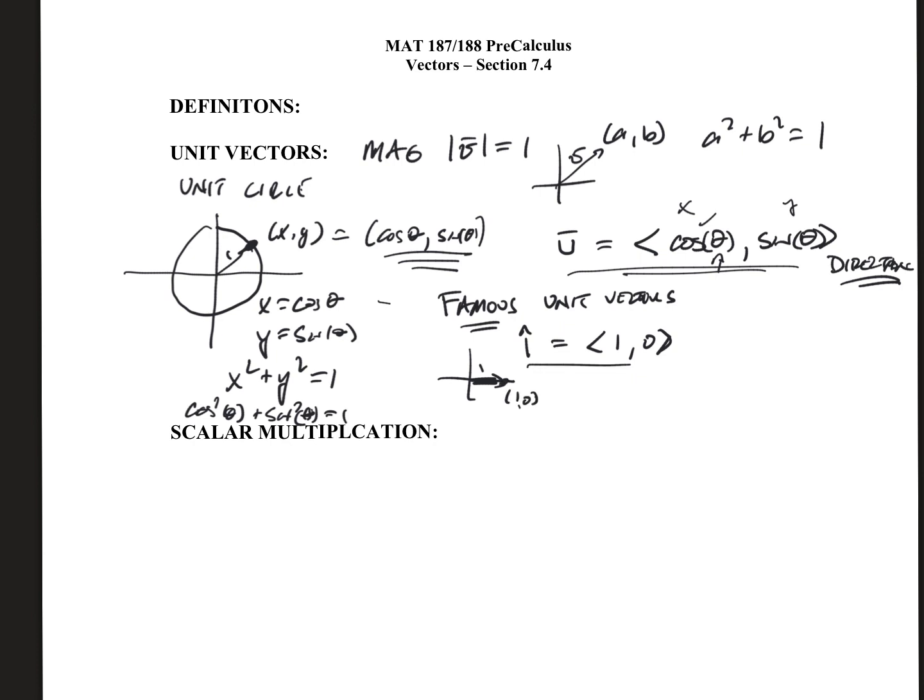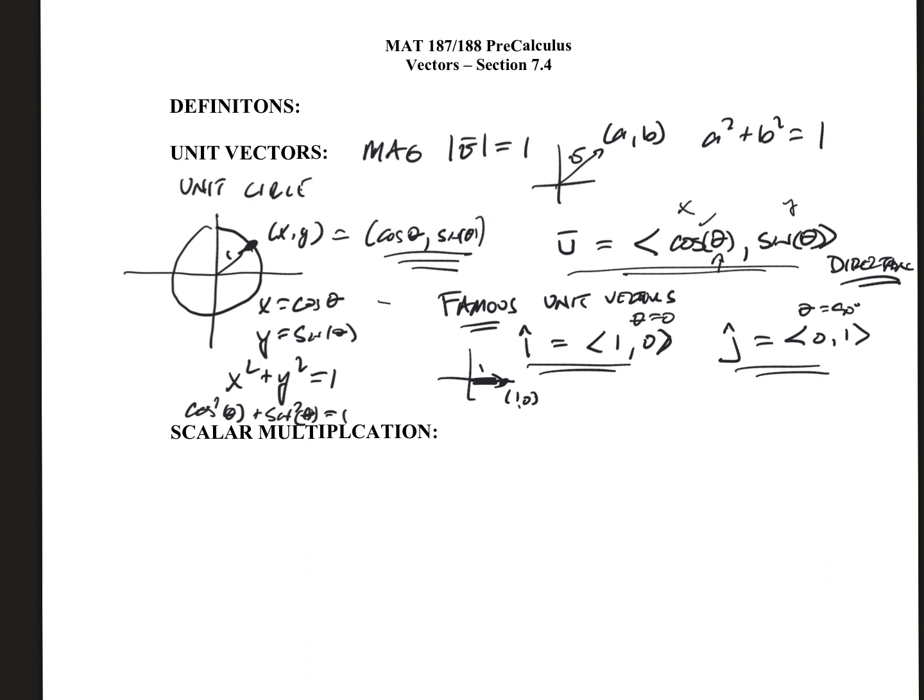And commonly we refer to that as i. And then the j vector is the unit vector in the y component. By the way, in this case theta is equal to 0, and in this case theta is equal to 90 degrees. Those are our two famous unit vectors.